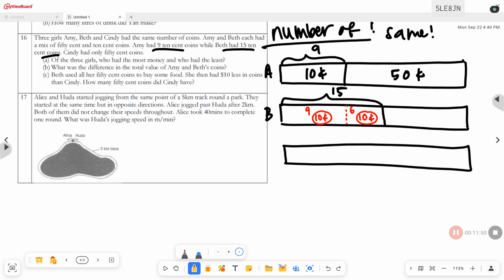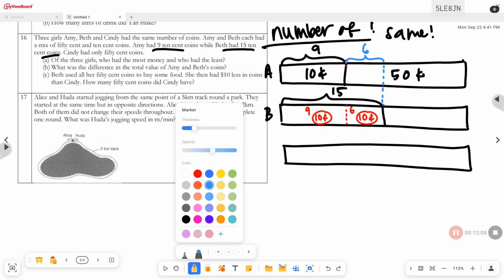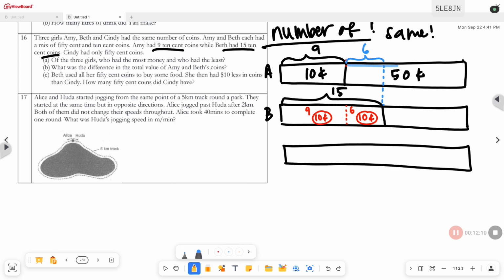So if I know that here is 6, that means if I section it out based on the 50 cents, here to here is also 6. But for this case, this is 50 cents. So I'm going to highlight it so you can see clearly that over here, this is where all my 50-cent coins are, the one in blue.